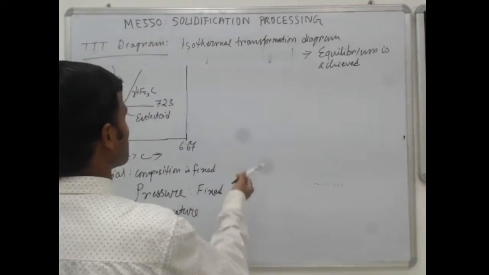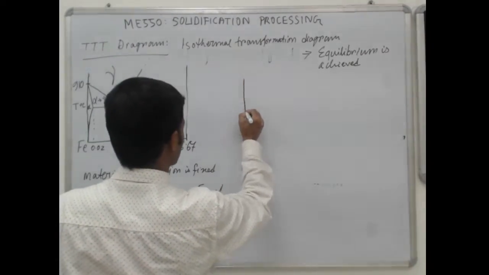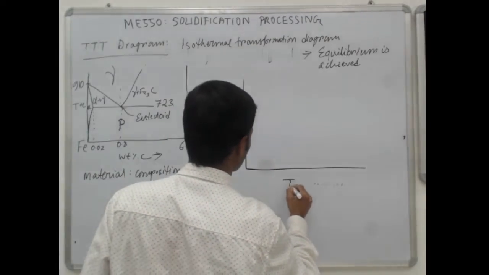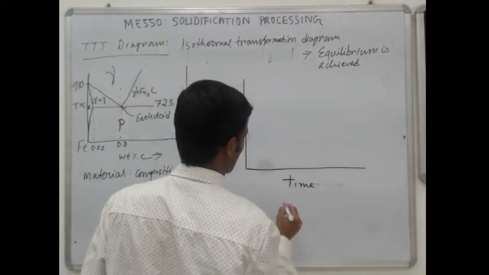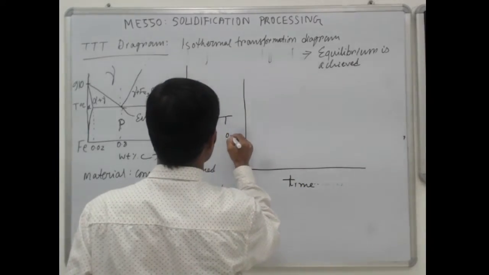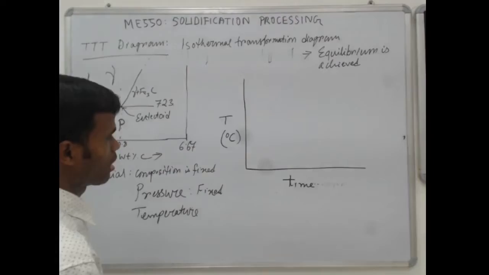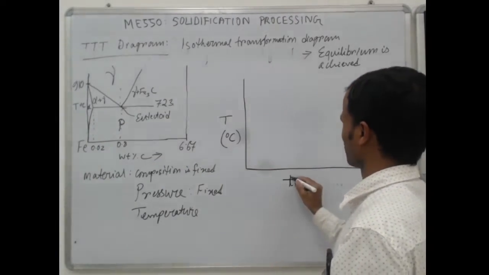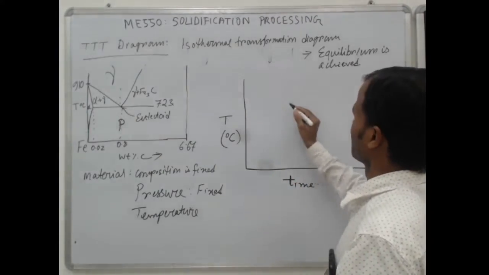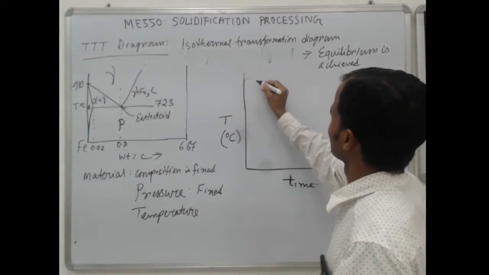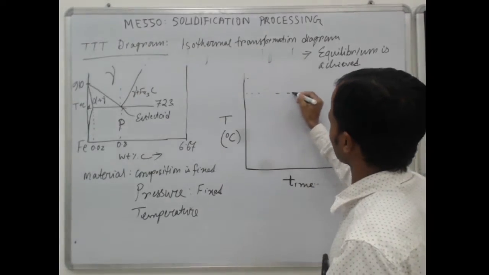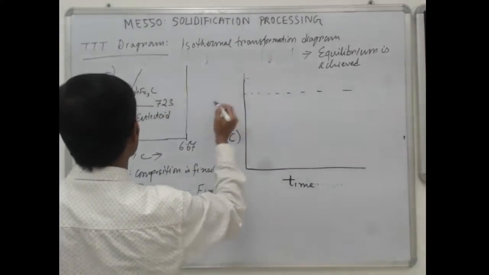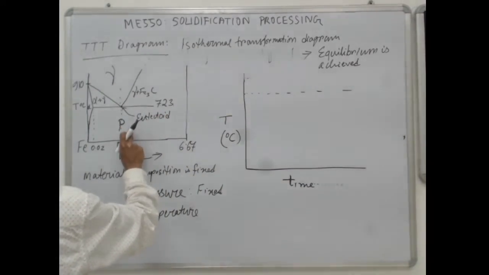So I am here just drawing, as in earlier classes we have seen, temperature versus time. So this is in degrees centigrade. Here we are considering gamma to perlite transformation.